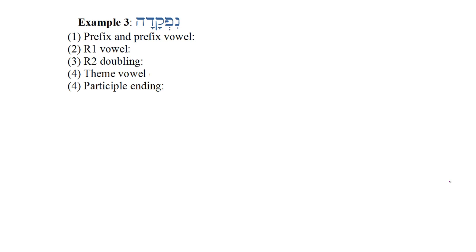Finally, let's look at our third example. We have nifqada, nifqada. And so we do have a prefix. It's a nun this time with a hireq. It could be a Niphal participle. It could also be a Niphal perfect, and it could also be a Niphal alternate infinitive absolute. We have a lot of possibilities here. And even possibly a Qal imperfect first common plural.